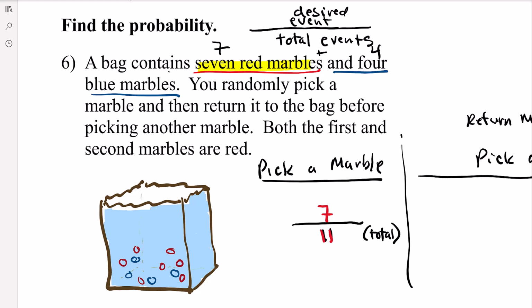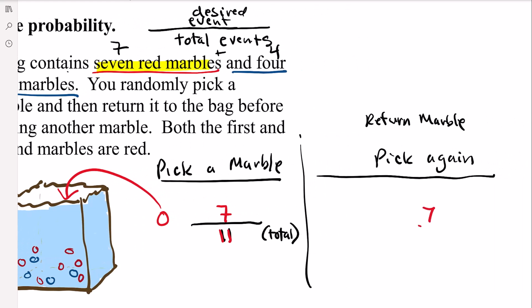And if you were to divide that using the calculator, probability is always between 0 and 1. All right. Well, if you take that red marble and you return it, and because you returned it, this is independent.